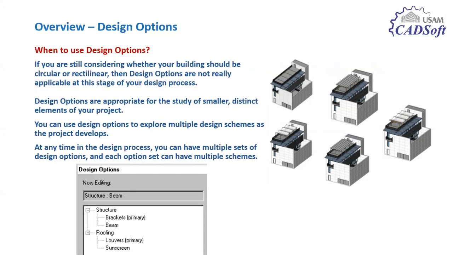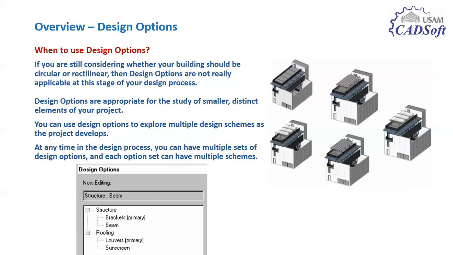For that stage, you need to use massing. Massing defines the shape and form of your building model, whereas design option is for the smaller and distinct elements of your project. You can have multiple design schemes as and when the project develops.